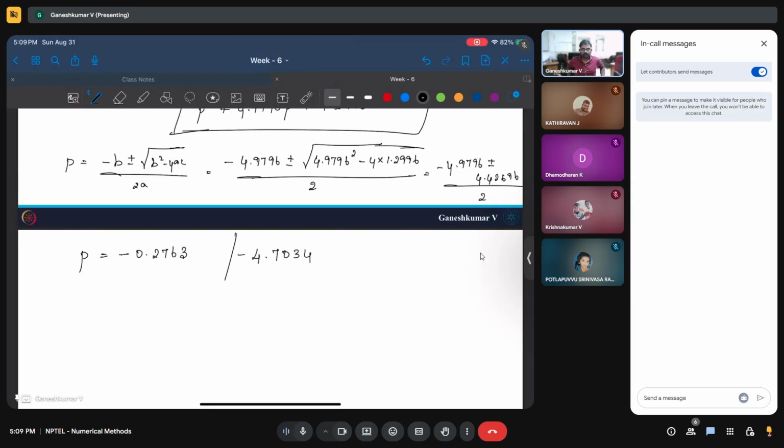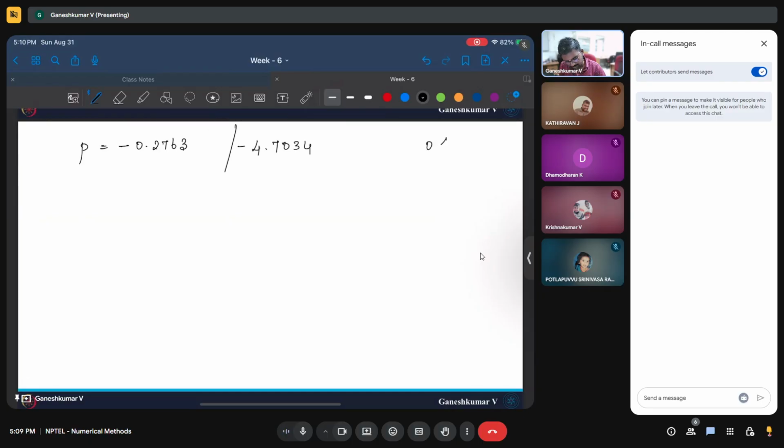But you know about p, right? What is special about p? P should be less than 1, right? So especially for this, p should be minus 1 less than or equal to p less than or equal to 0. Which means this solution is invalid. So which means your p is going to be minus 0.2763. Okay.